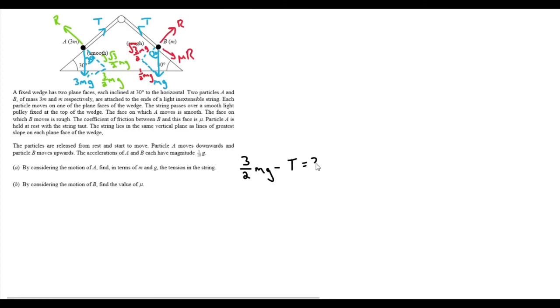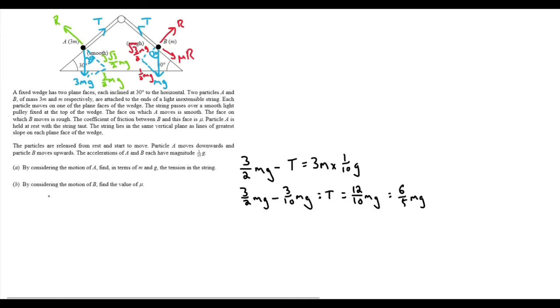So the mass of 3m times, and we know that the acceleration is 1/10 of g. So if we were just to switch that around, we would end up with 3/2 mg minus 3/10 mg equals T, which you could just work out to be 12/10 mg, or, if you prefer, 6/5 mg.